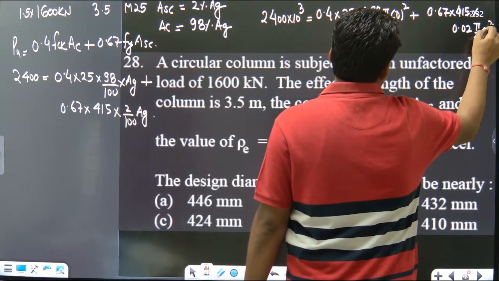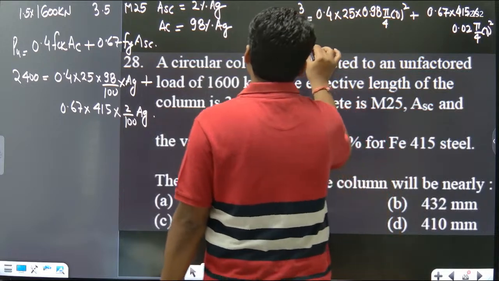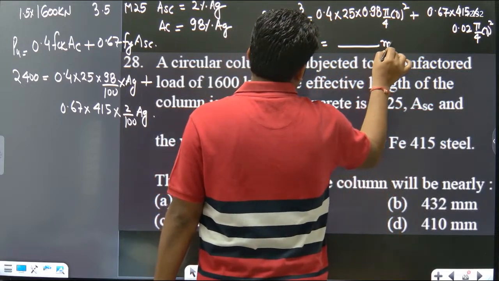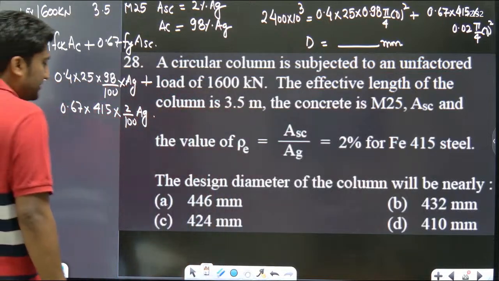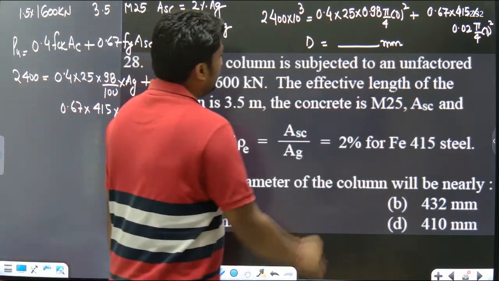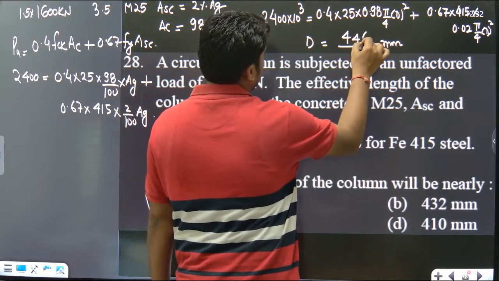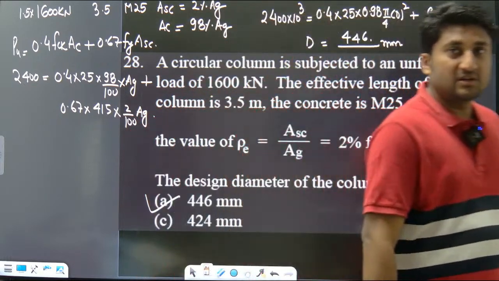So this is the equation in D. You will get the value of D in mm. When you solve the equation, you will get the value as 446.